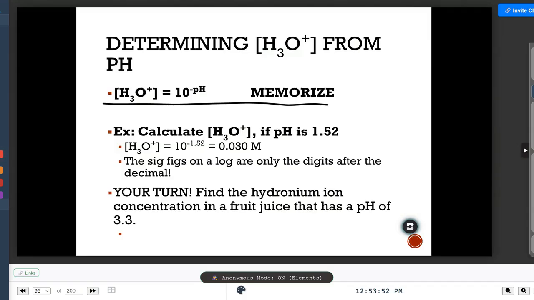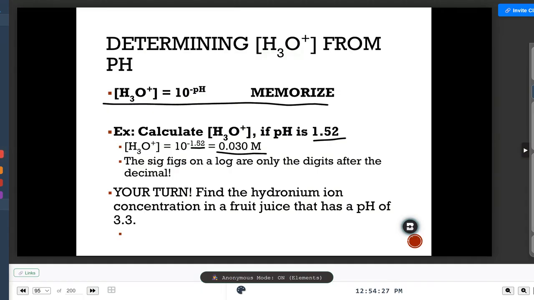The hydronium ion concentration is equal to 10 to the negative pH. So this is going to let us plug that pH value into a formula and figure out our hydronium ion concentration. So if I have a pH of 1.52, I can just say that is going to be my exponent on the 10. I put it into my calculator, 10 to the negative 1.52 power, and I'm going to get an answer. That answer is going to be my concentration of hydronium ions.